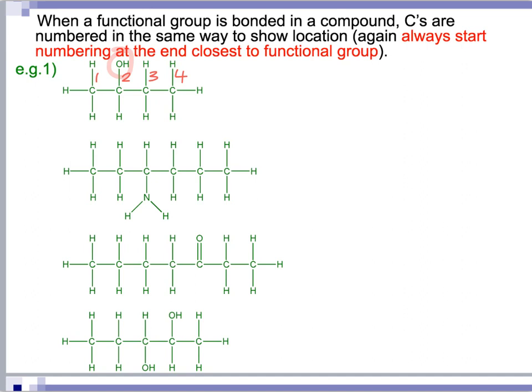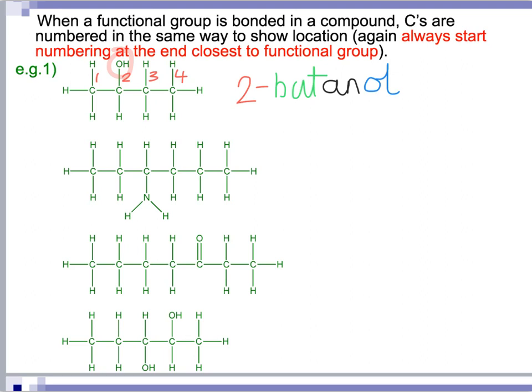So the name of this compound is going to be 2, because that's where my first point of interest is. Then I'm looking at the fact that I have 4 carbons, so 4 is but, and those carbons are single bonded, so butan, and then we have an alcohol group at the end, which ends in -ol. So the full name is 2-butanol.